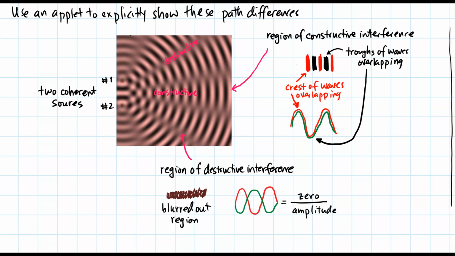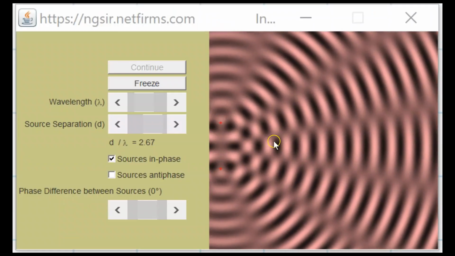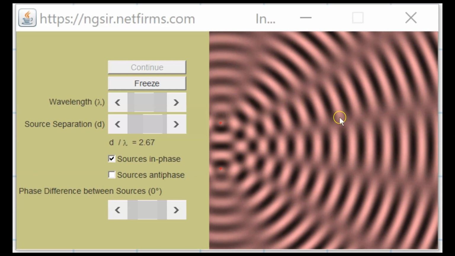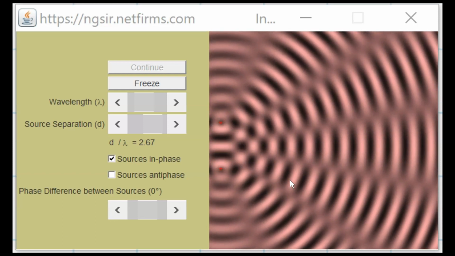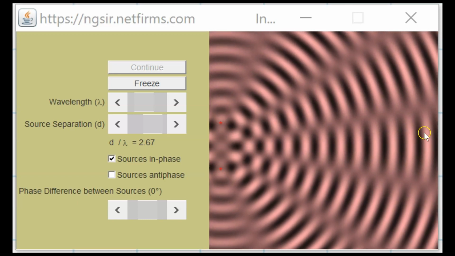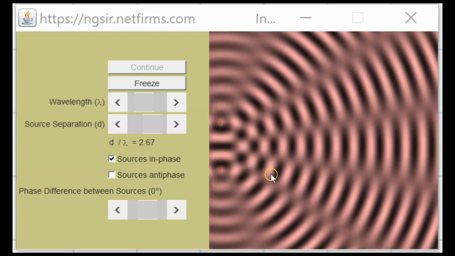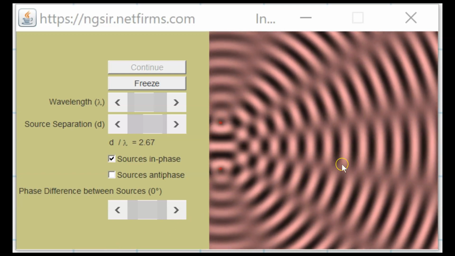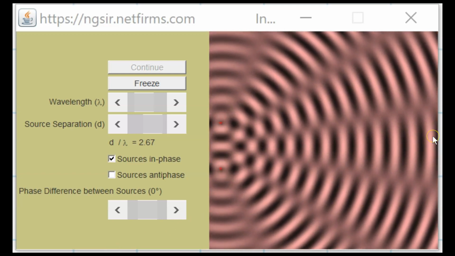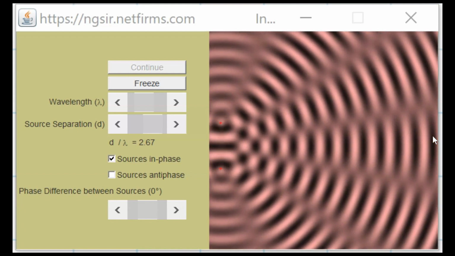Now let's go run the applet. This applet now has two active sources that are producing waves. And what you're seeing is that I get regions of constructive and destructive interference. The important thing here is that if I pick one region, you're going to see that I have two waves.